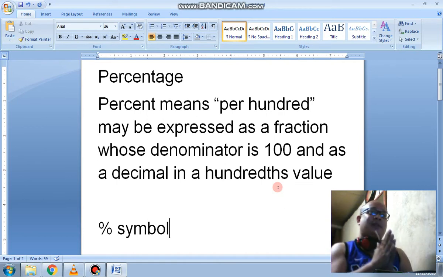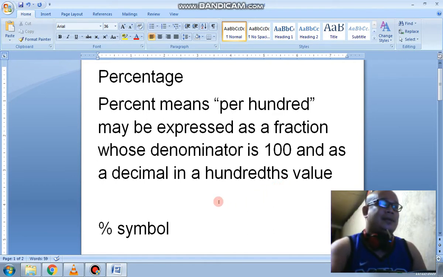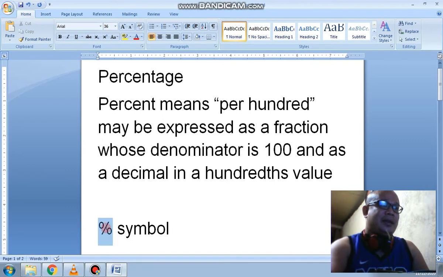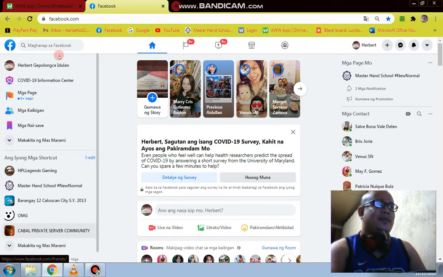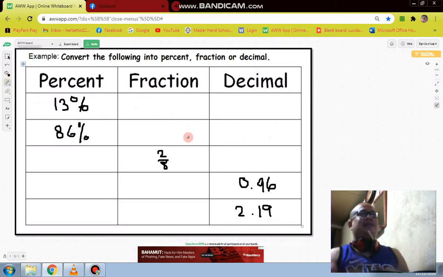A percent can be converted into a fraction with a denominator of 100, and also into a decimal in a hundredths value. We use the percent symbol in writing the percent. So, let's have some examples in converting percent to fraction and to decimal.